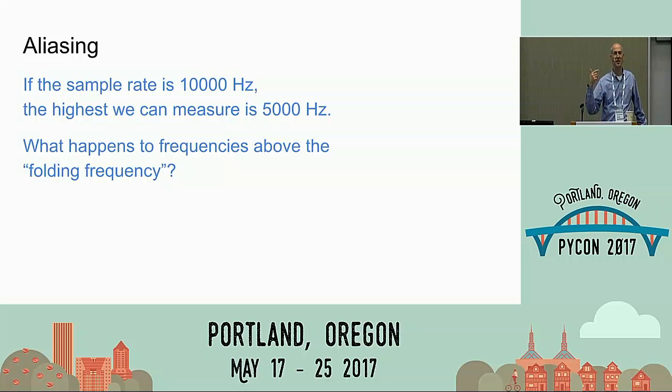In this example, the sample rate is 10,000 hertz, and for reasons that I won't explain, that means that the highest frequency that you can still distinguish is 5,000 hertz. Anything above 5,000 hertz, like the 5,500 that we were looking at, looks as if it were a lower frequency. So the 5,500 gets folded and becomes 4,500, or it seems as if it is 4,500.